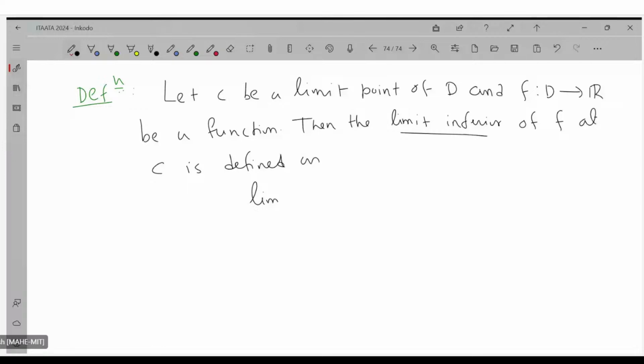What is it? It is the supremum over delta greater than 0 of the infimum over x belongs to N dash C delta intersection D of f(x). So in this case, for a given delta, we have a function h of delta.